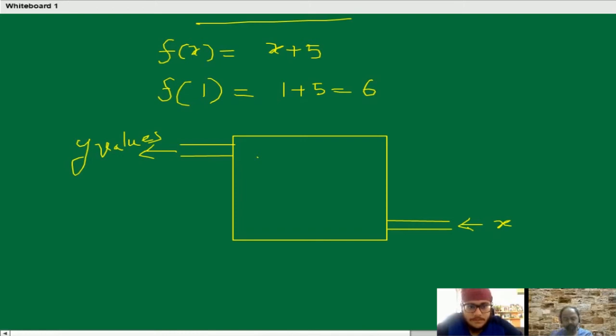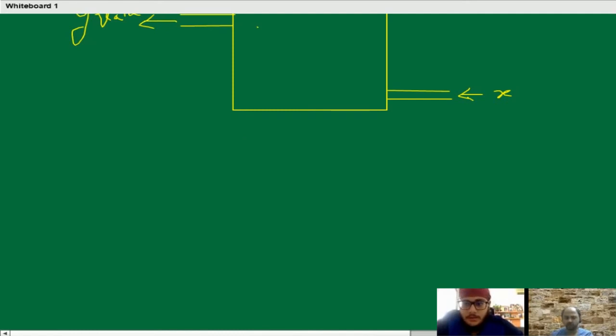So here is the first thing we have to keep in mind. Gradually we will move to the definition of function, but before that, a few things we have to remember. There are two sets. Are you familiar with sets, Manu? Yes, sir.